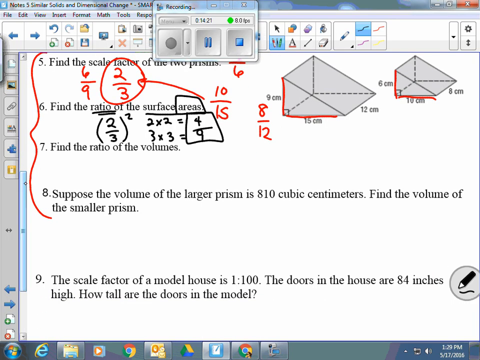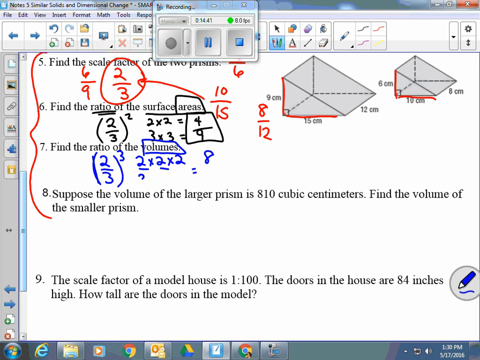Now they want us to do the same thing for the ratio of the volumes. That means I'm going to start with my regular ratio, which is 2/3, but when I talk about volume, what do I need to do to it? Cube it. So that means 2 times 2 times 2. Well, 2 times 2 is 4, times 2 is 8.